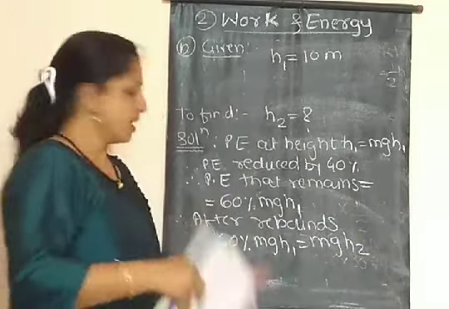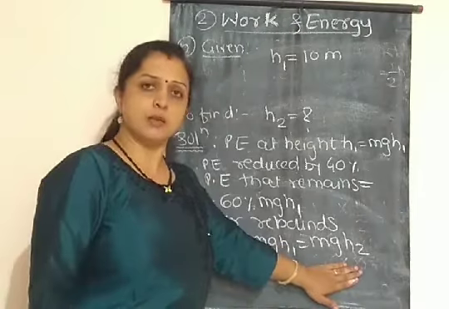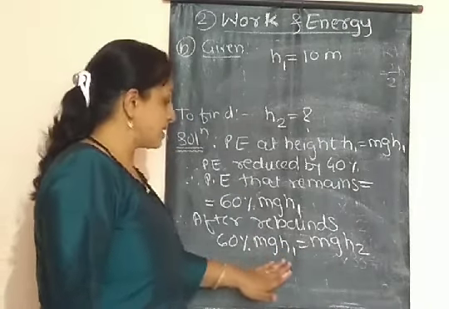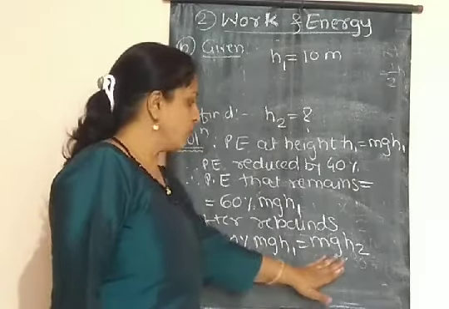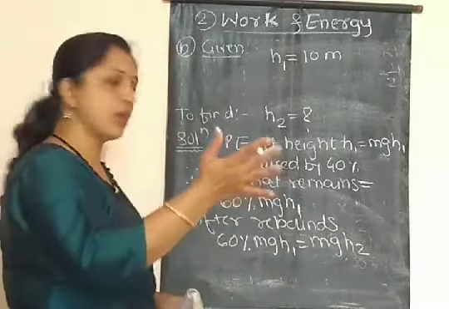Got it? It means the first potential energy gets converted into second potential energy, because initially the potential energy is now 60% of mgh1, and now that is converted into this mgh2. Okay, because it rebounds up to height h2.